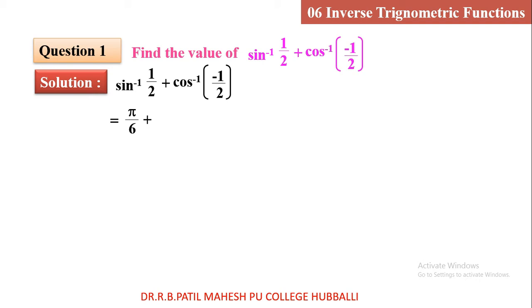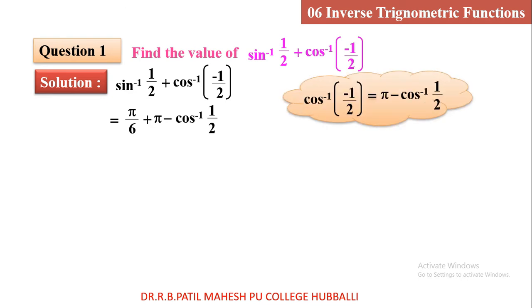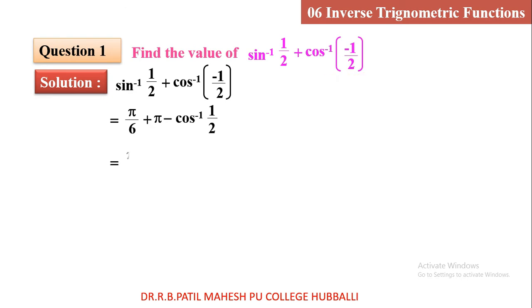Need to use a property: cos inverse of minus x is pi minus cos inverse x. So here x value is 1 by 2. Then pi by 6 as it is plus pi minus cos inverse 1 by 2, whose value is pi by 3.